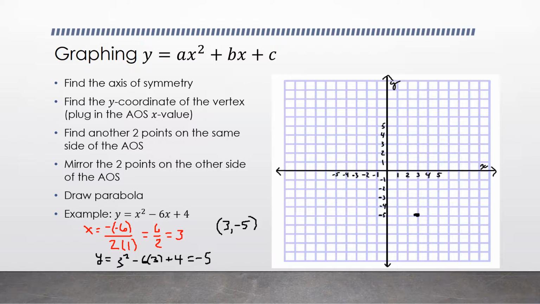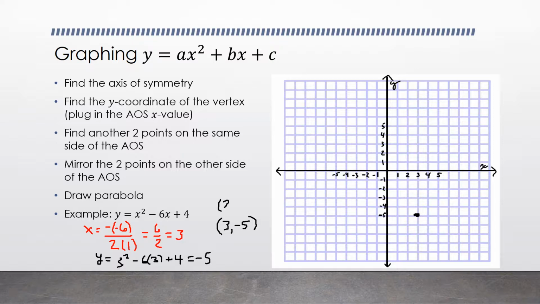Now, I need to find 2 other points that are on the same side of the axis of symmetry. I'll find it with 2 and 1. When I plug 2 into the function, 2 squared is 4, minus 6 times 2, which is 12, so 4 minus 12 is negative 8, plus 4 is negative 4.